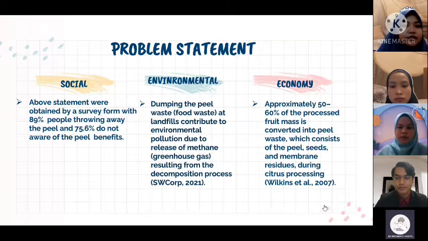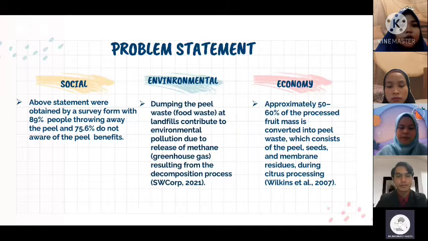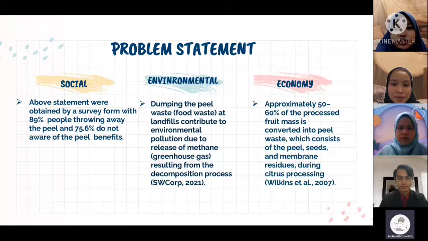Problem statement section. Both statements were obtained by a survey form, with 89% of people throwing away the peel and 75.6% not aware of the peel's benefits. Environmental: dumping the peel waste at landfills contributes to environmental pollution due to the release of methane resulting from the decomposition process.